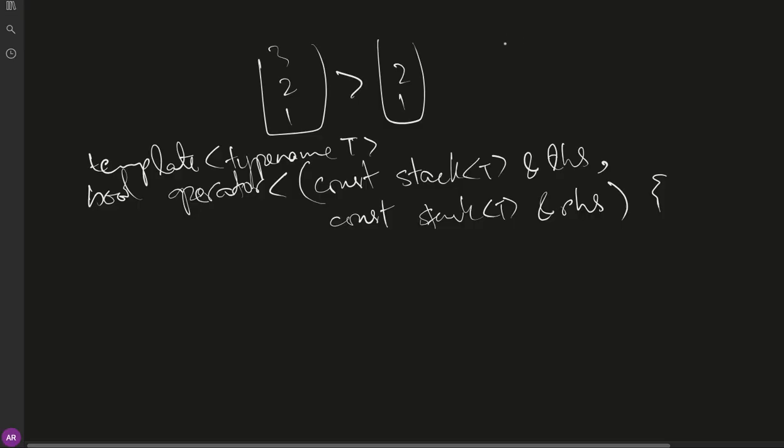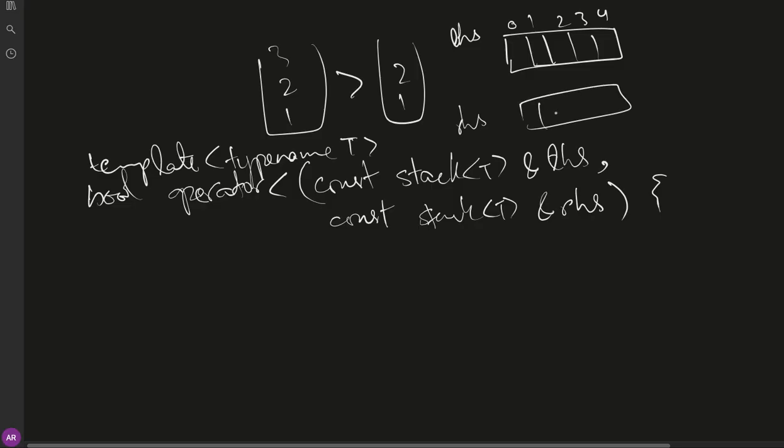Let's say we are using an array for storing values, right? So we have arrays. This is, let's say, for left hand side, and for right hand side we have another array, right? And then we have some values like 1 2 3 and 1 2 4, let's say.